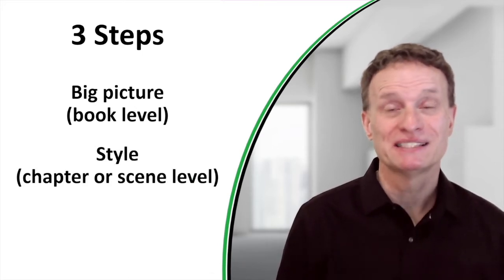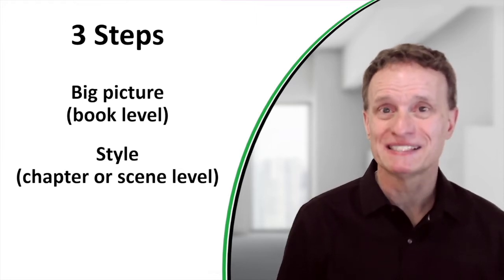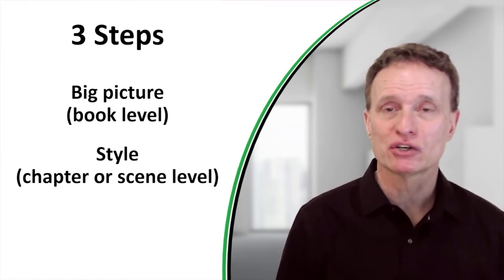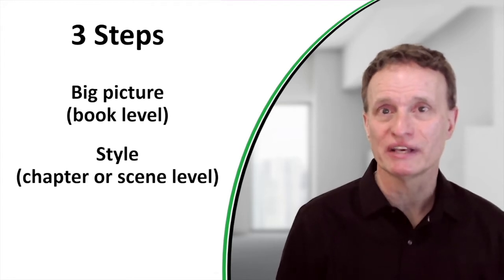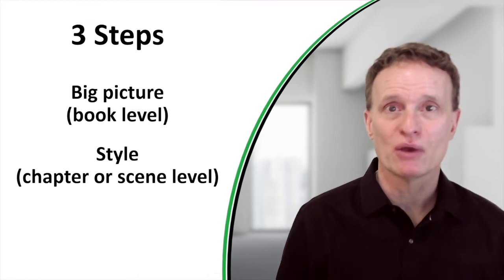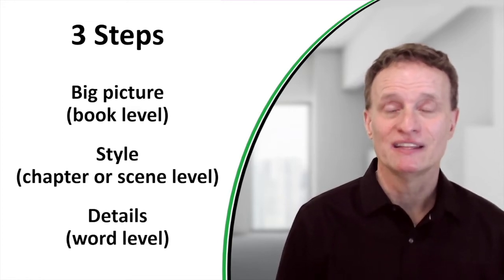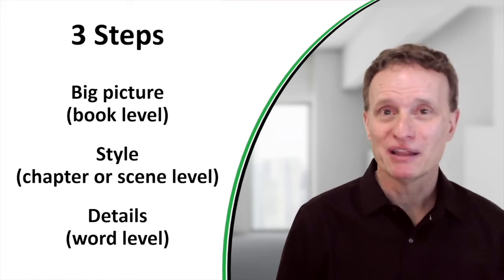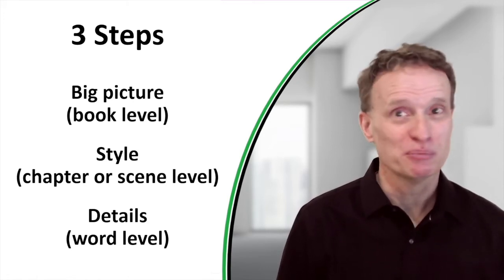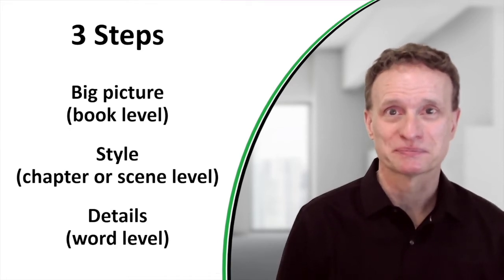The next step is the style edit. And this is where you look at the book at the chapter level or the scene level. And you're looking to make sure each section of the book is interesting, that your writing style is compelling, that you're consistent throughout the way you communicate. And then the final step is the details edit. And this is where you go through line by line, word by word, punctuation point by punctuation point, and you make sure that all of the details are correct.